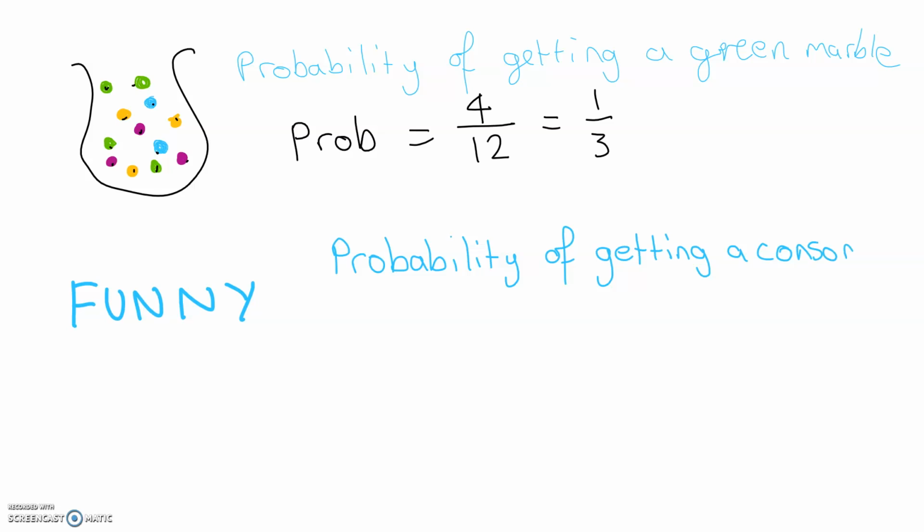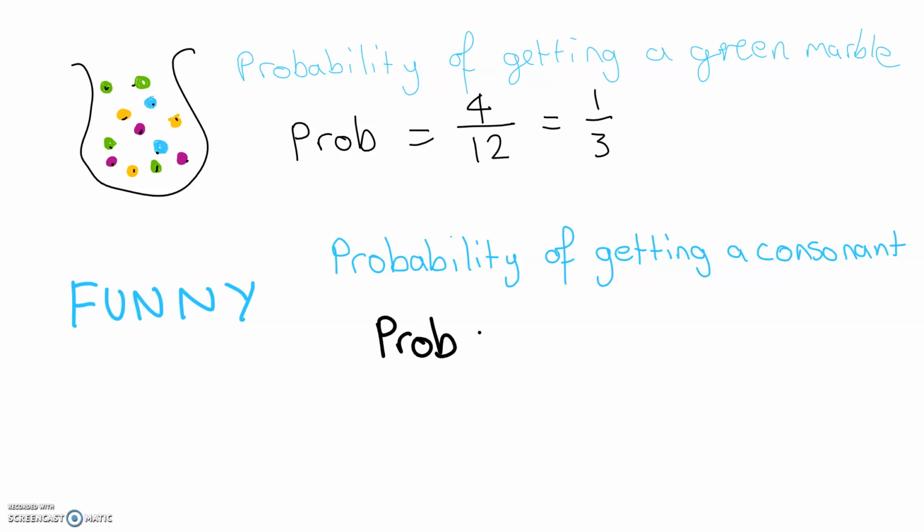And some of you might be like, but what's a consonant, miss? Consonants are any letters that aren't vowels. So vowels are A, E, I, O, U. Then consonants are every single other letter.